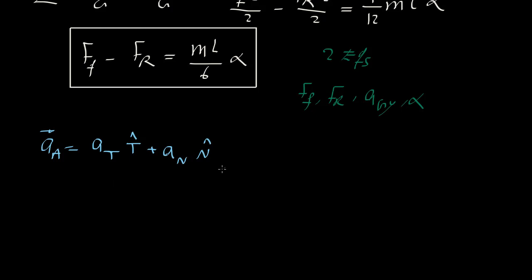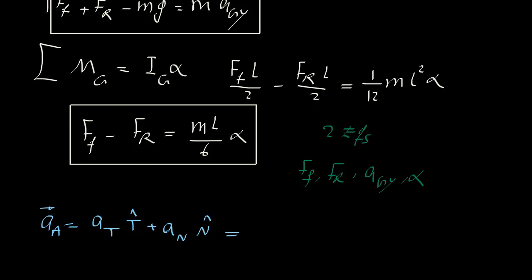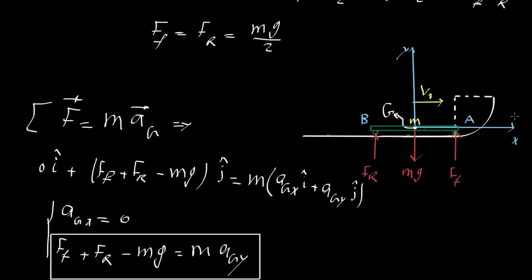So this is from kinematics that we had. We are in 2D, so we can write down the acceleration in this format. And at that moment, the unit vector t is equal to i and n is equal to j. So at this moment, t is going to be tangent to the path, which is in the x direction, and n is going to be normal to the path, so it's going to be in the j direction.